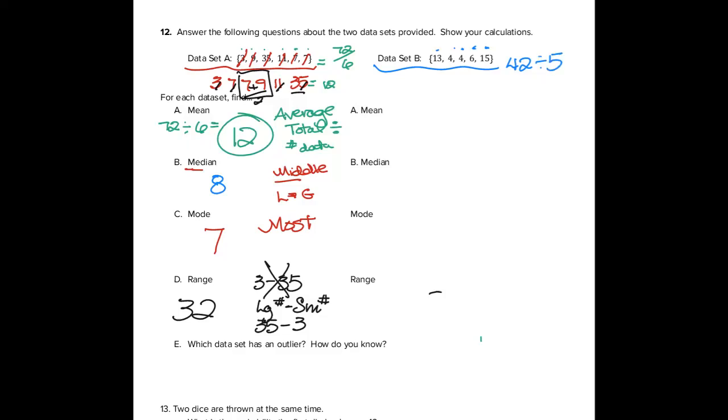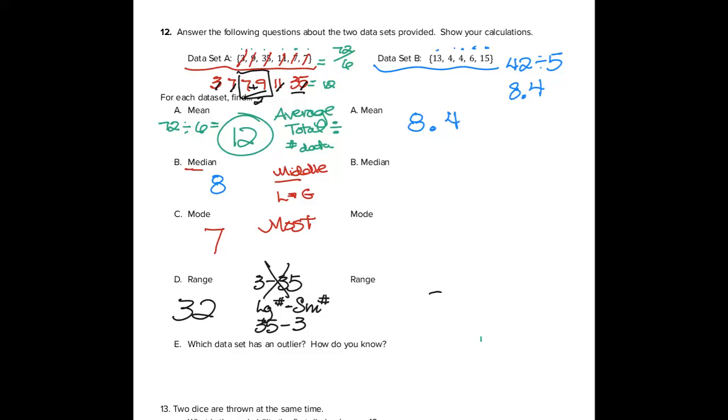Divide that by the 5 numbers, 42 divided by 5. And a lot of the time, unless we make it so, you might not have a whole number answer. So the mean here is the average, which is 8.4. 42 divided by 5, 8.4.